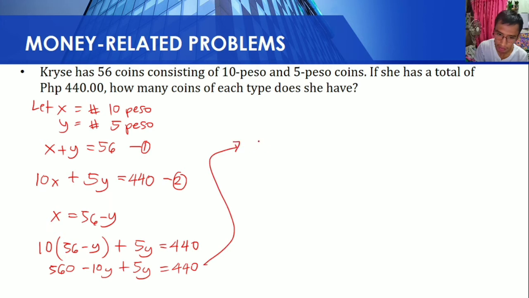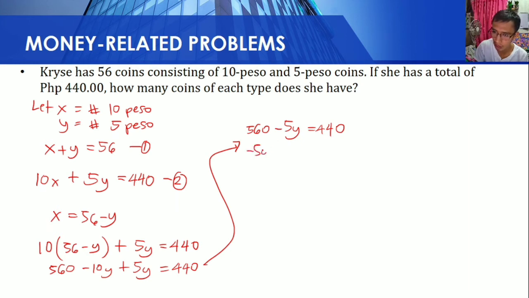So solving for y, that will be 560 minus 10y plus 5y, that will be minus 5y is equal to 440. Ilipat natin yung 560 dun sa kabila para matira yung negative 5y dito.